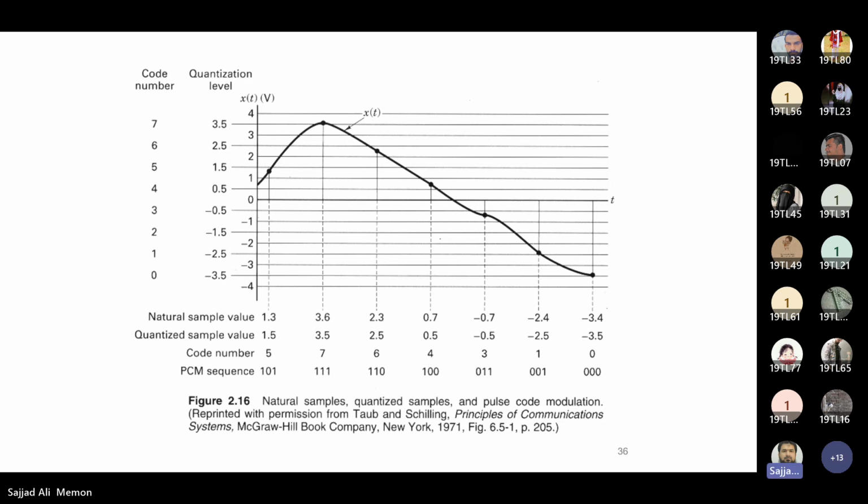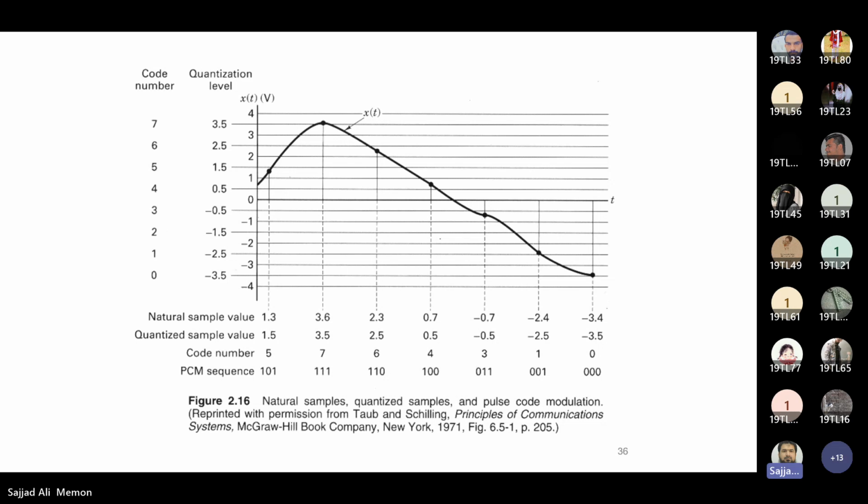As you can see here, this sample taken on the x-axis has a value on the amplitude level. On the y-axis, the actual value is 1.3. That is the natural sample value, 1.3 volt.